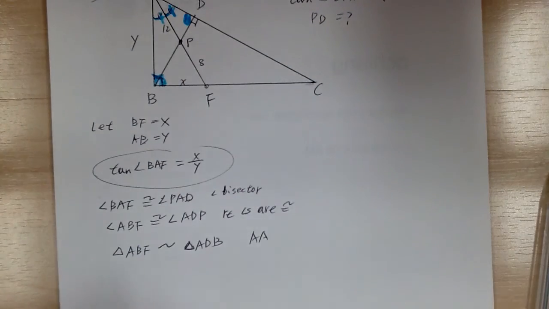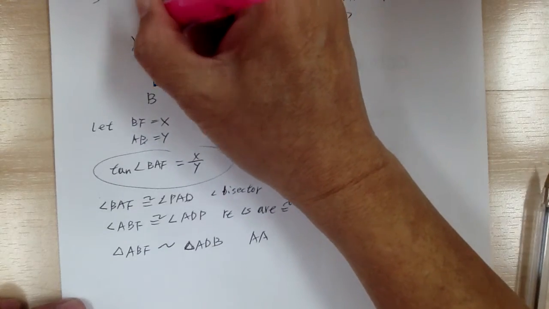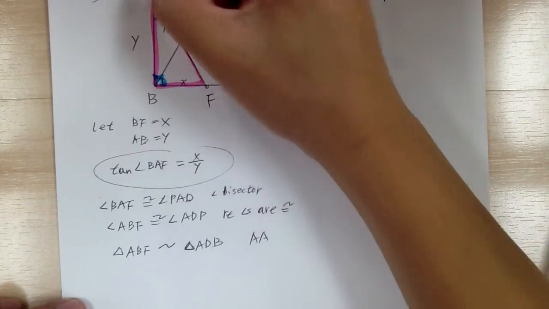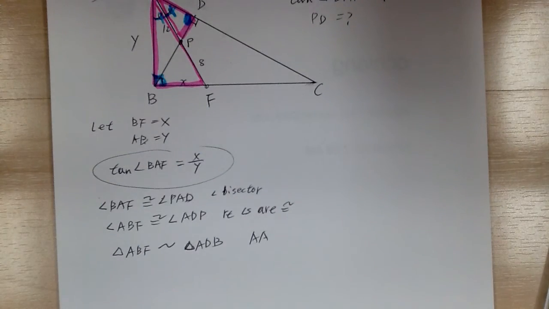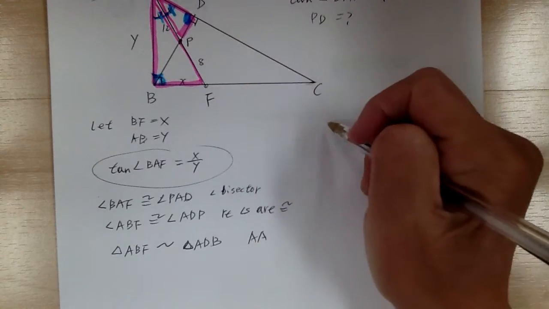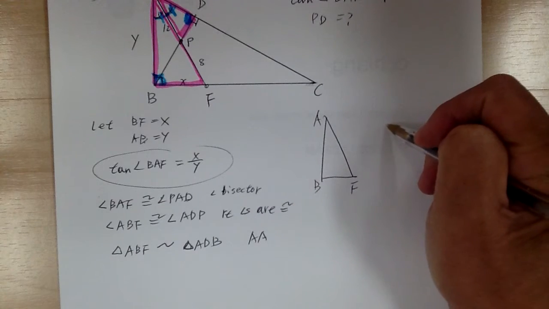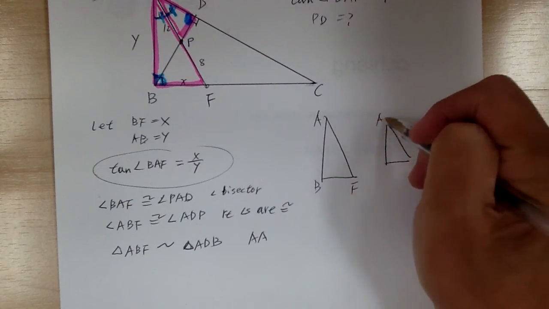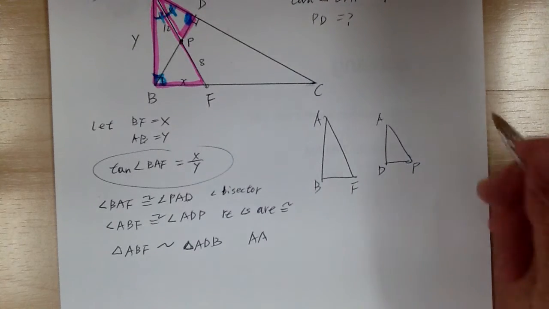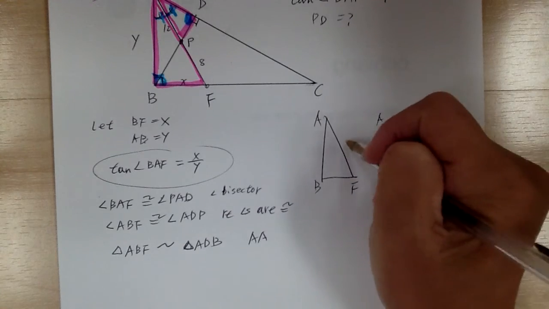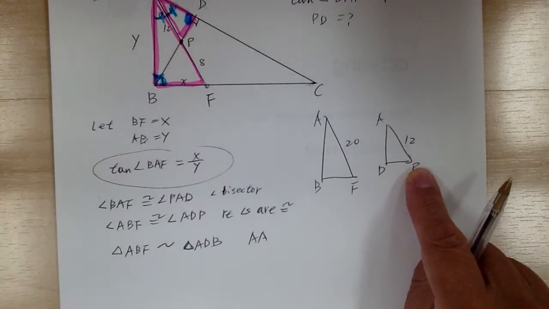Okay. So what we have is this triangle and this triangle over here. Now if you were to redraw the triangles, this is what you have: A, B, F, and A, D, P. AP equal to 12 and AF equal to 20.